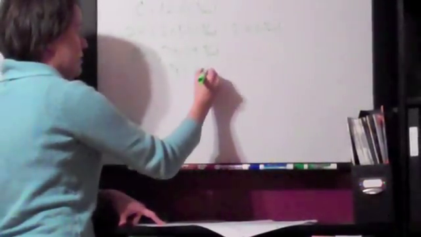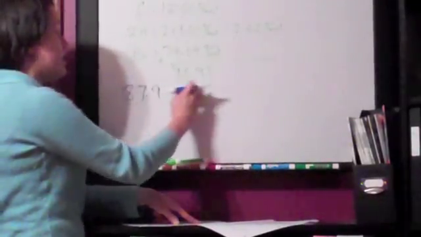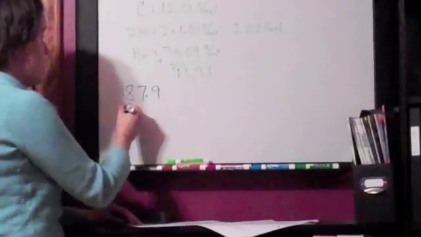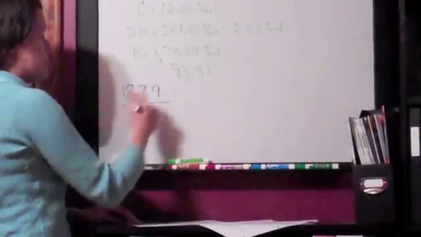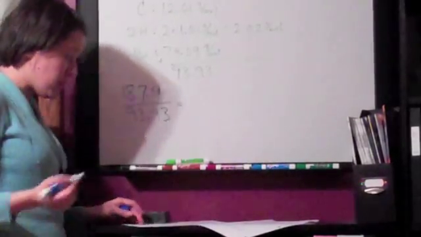93.93. Well, the other part of my question said that the total mass was 187.9. So now that I know that that's my entire mass, but I have a mass here of 93.93, what I'm going to do is take that total mass, divide by my partial mass, 93.93, to get my ratio.